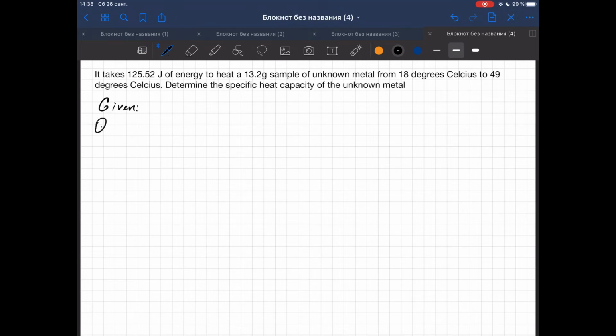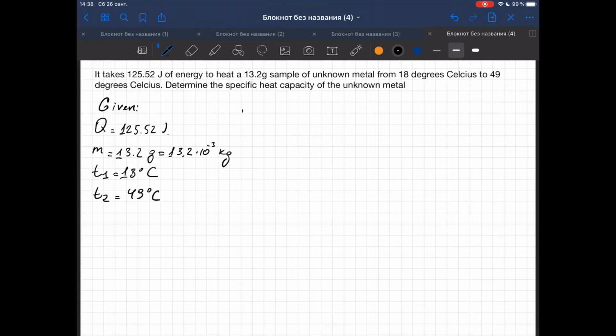The given is quantity of heat, which is equal 125.52 joules. And the mass of the sample is 13.2 grams, which will be transferred into kilograms, and we can write down just as 13.2 multiplied 10 to the minus third kilograms. And first temperature 18 degrees, and the second temperature is 49 degrees Celsius.